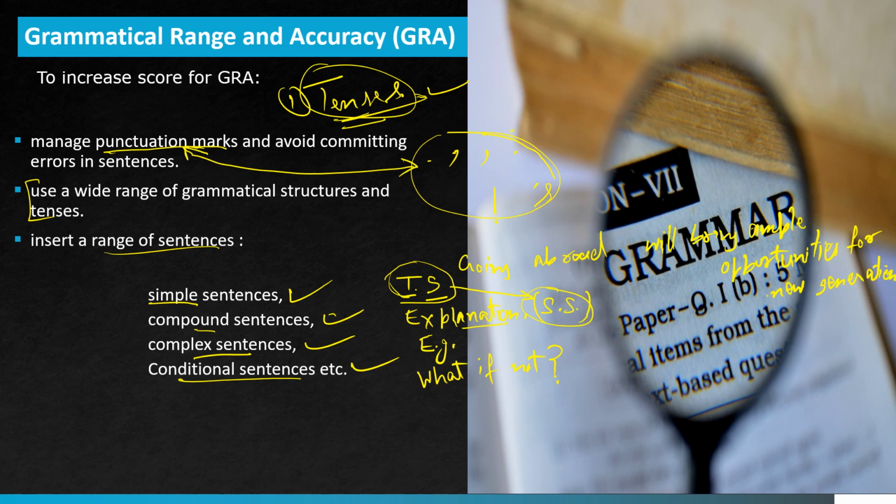Okay, for example, this is my topic sentence. Going abroad will bring ample opportunities for new generations. On the other side, at the end of this body paragraph, I'll write what if not? What if the new generations will not go abroad?